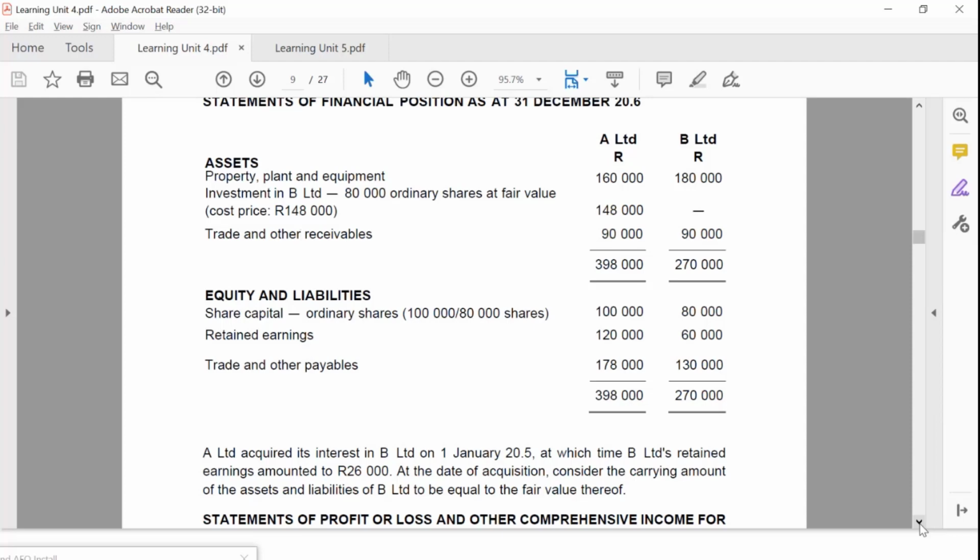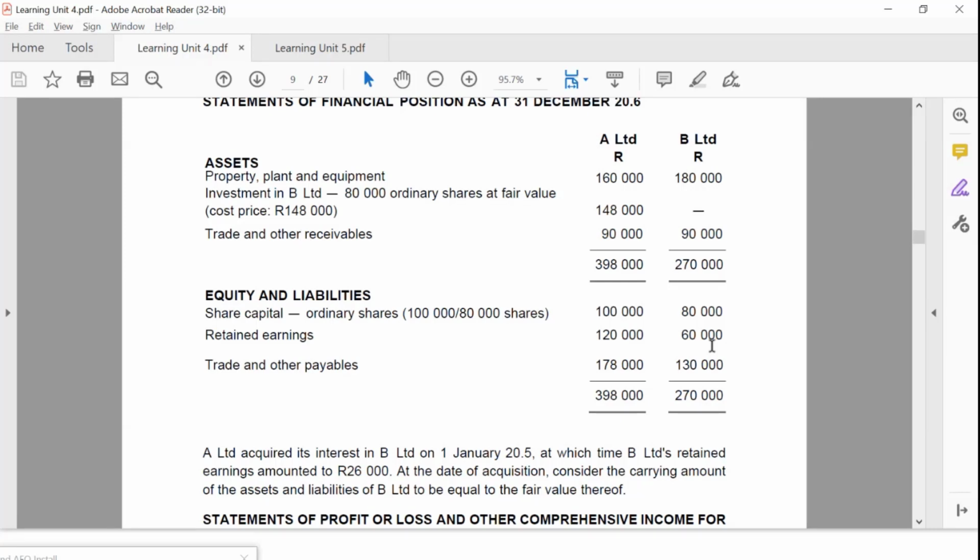You cannot take the retained earnings of 60,000 in the income statement. No, this 60,000 is the 26,000 at acquisition plus other income that has been earned over the 2 years. You understand? So it's the 26,000 at date of acquisition plus another what? What is 60 minus 26?